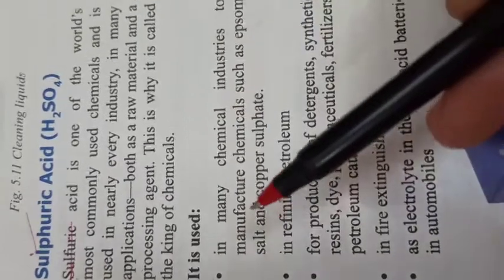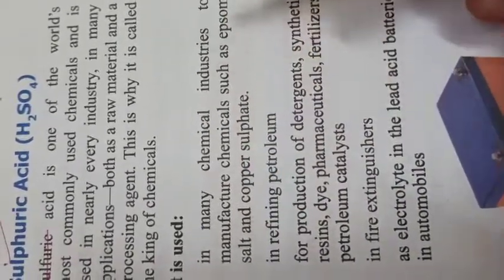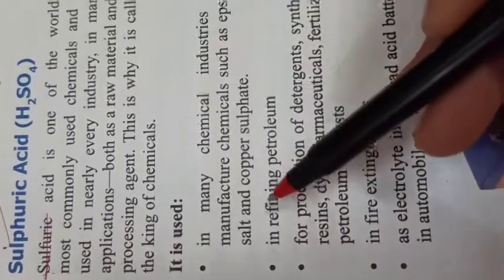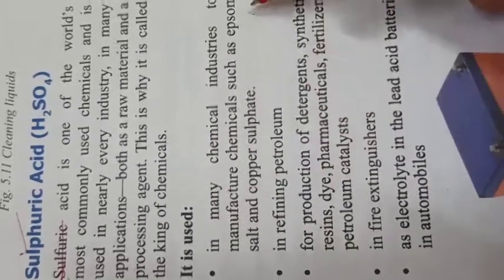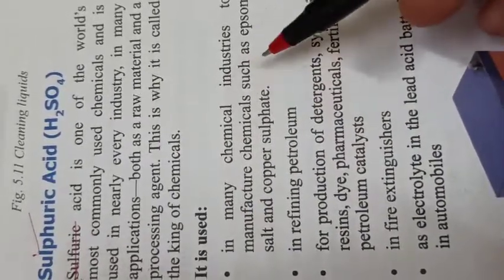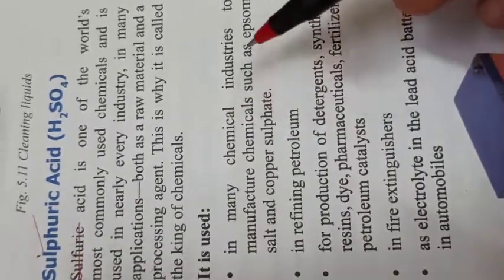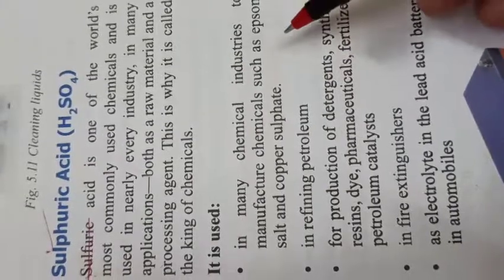So it is used in chemical industries to manufacture chemicals such as Epsom salt and copper sulfate. Means these are some kinds of chemicals used for laboratory purposes or for the formation of some other chemicals.